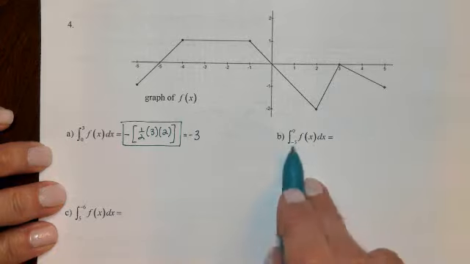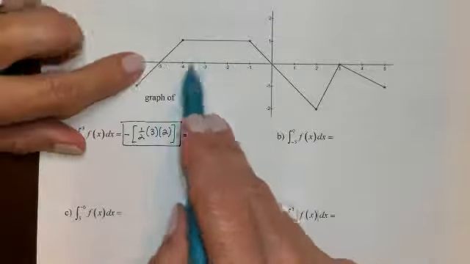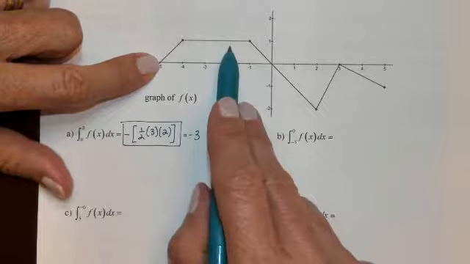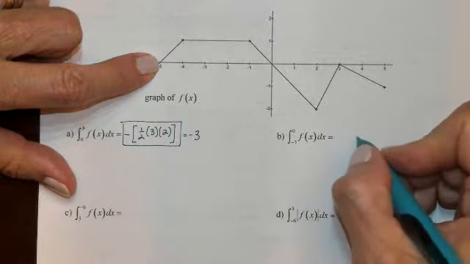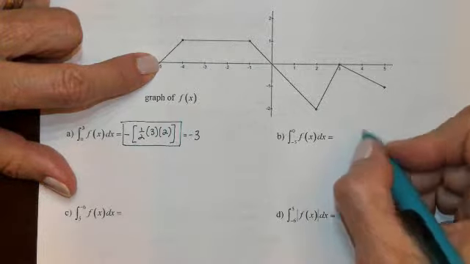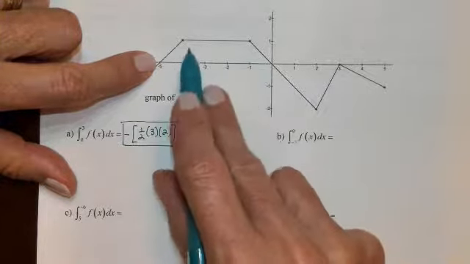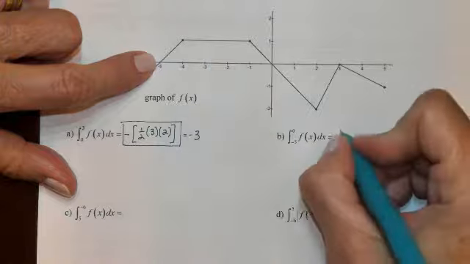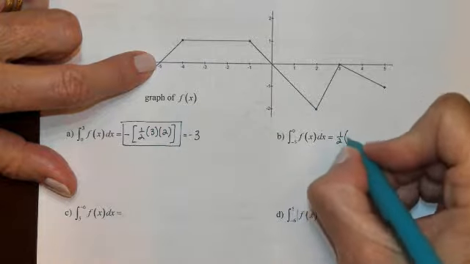Okay? Next up, part B. Integral from -5 to 0. Well, from -5 to 0, the entire curve is above the x-axis. So this will just be the positive of the area. Just take the area. Okay? What I see here is a trapezoid. Hopefully you see a trapezoid too. So I'm going to use my trapezoid area.